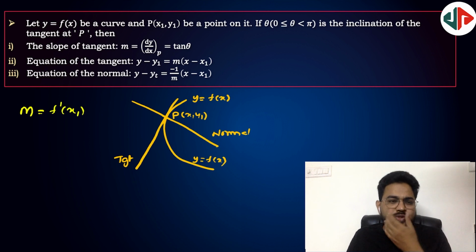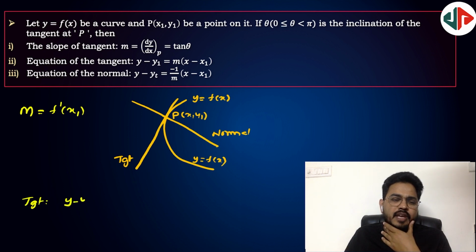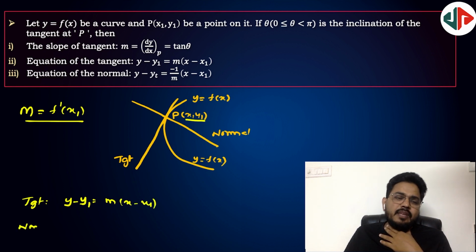Okay, so the tangent equation is y minus y1 is equal to m into x minus x1, because I have the point and I know the slope, and the normal equation is y minus y1 is equal to minus 1 by m into x minus x1.